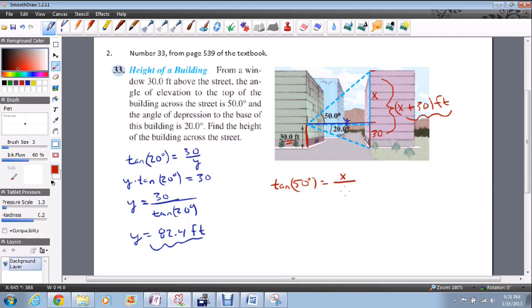Well, we know what the y value is, 82.4 feet. I want to multiply both sides by 82.4. Now give me my x value. X ends up equaling 98.2 feet.